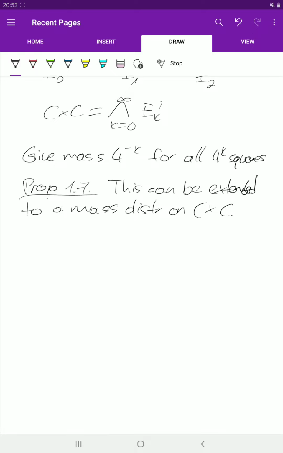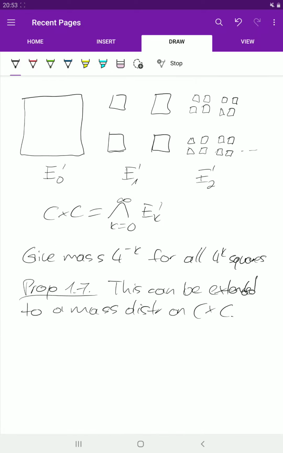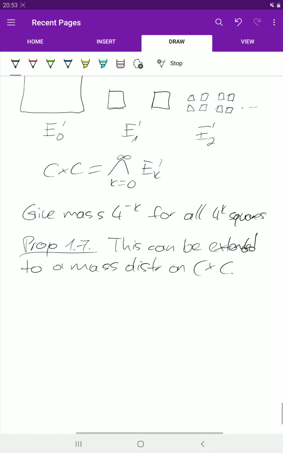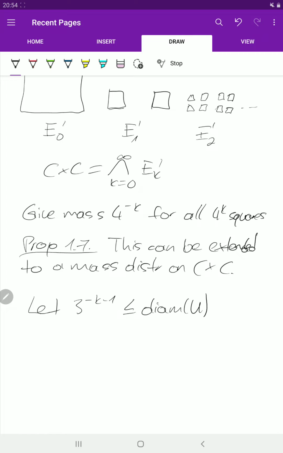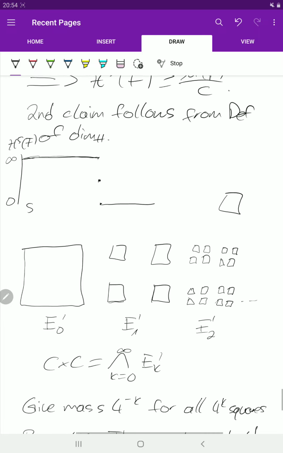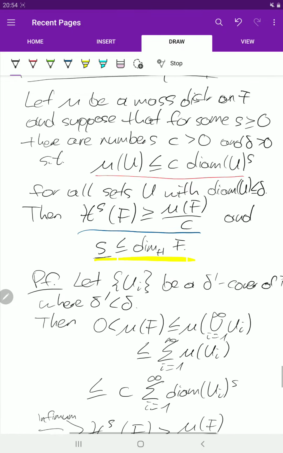Okay, so now this gives us already the strategy for the proof. So we have a mass distribution, and now let's see. Let's say this holds for the diameter of some set U. So basically, let me show you the mass distribution principle again.